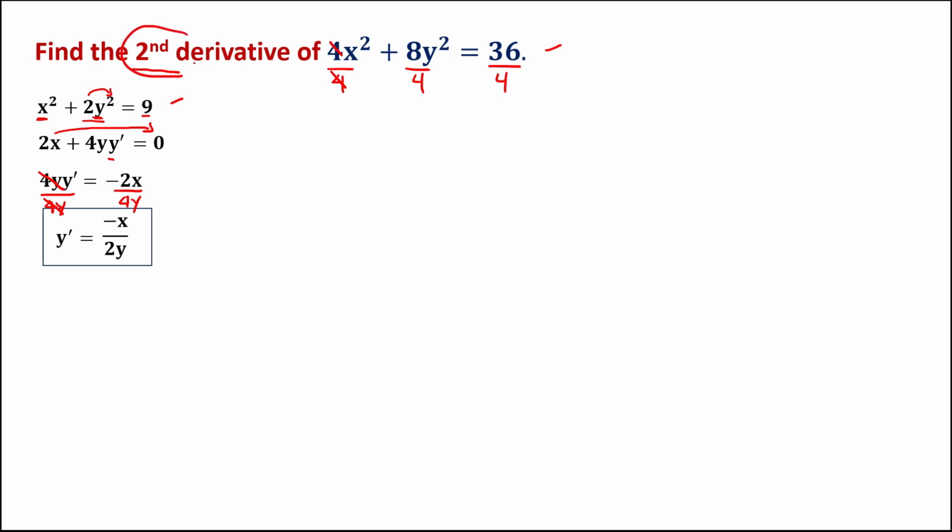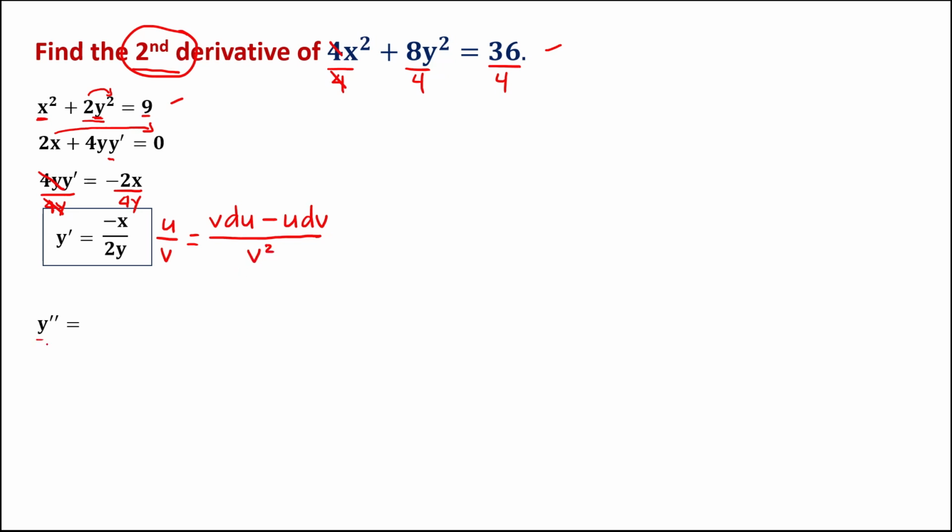Then to find the second derivative from the first derivative, we use the quotient rule, u over v. To find the derivative, it is v times the derivative of u, minus u times the derivative of v, all over v squared.